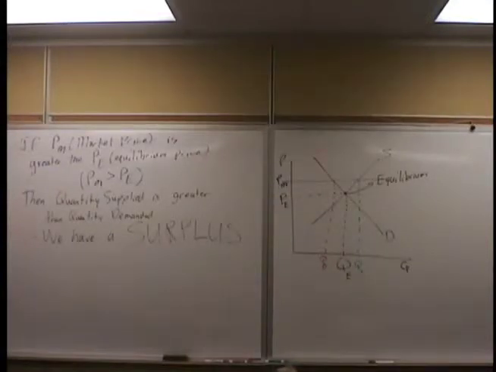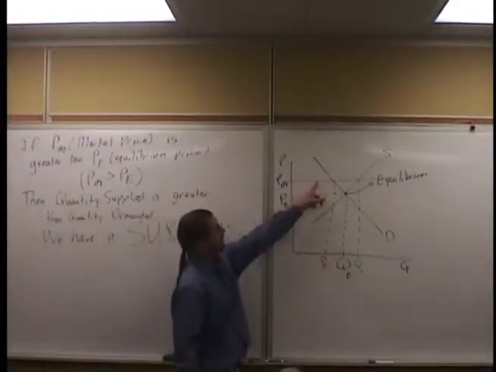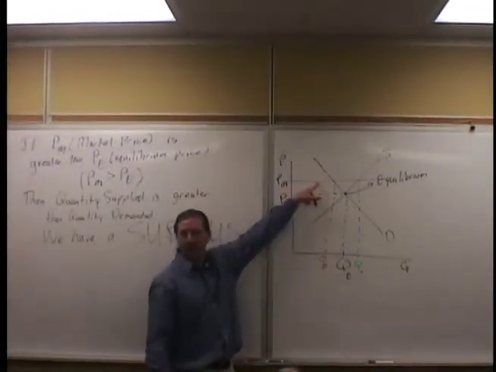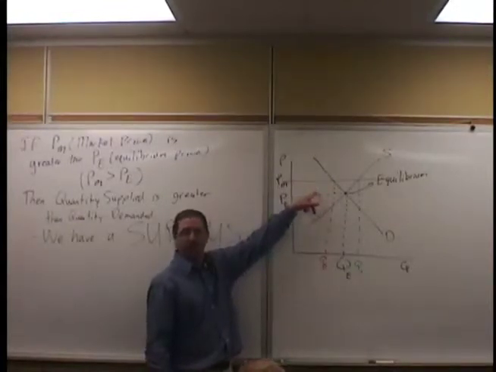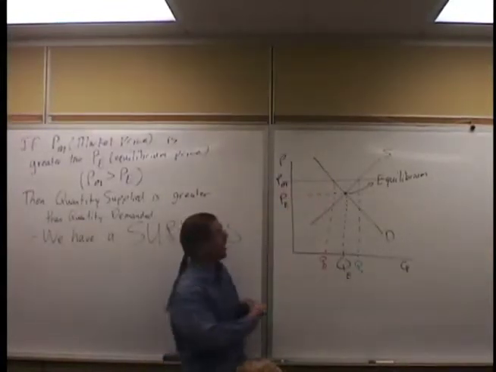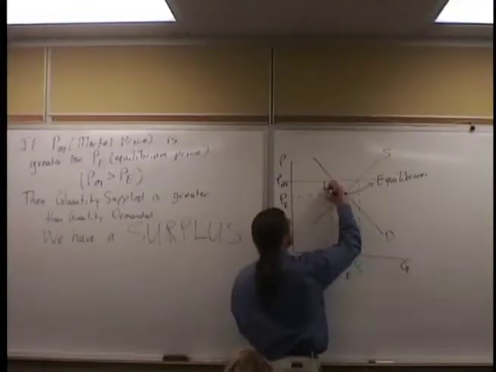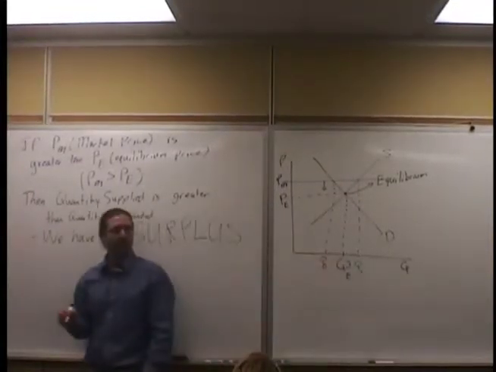And when stores are experiencing a surplus, what do they do? They've got to have a sale. In other words, they're going to lower the price. When the price is too high, what do you expect? It'll go down. And look where the price is going to move towards. Equilibrium.